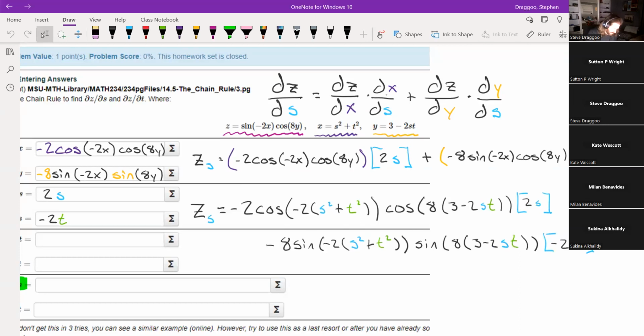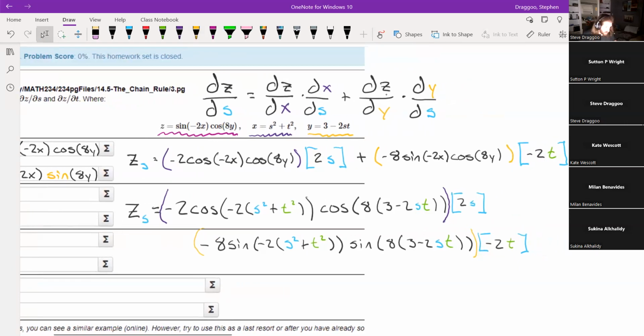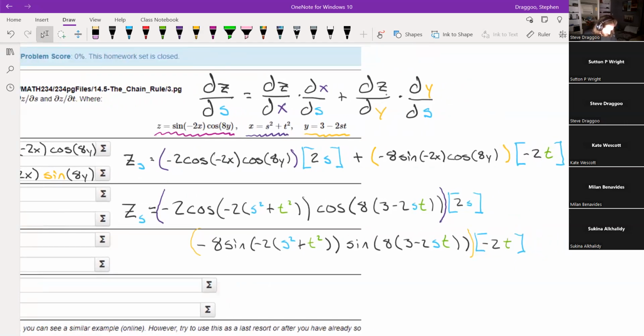So if I kind of mark some things off here, this section right here was our x derivative. And then this section right here was our y derivative. And all I did was replace x and y with their expressions in s and t.